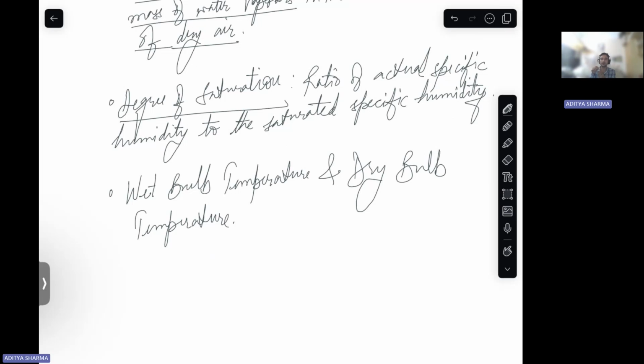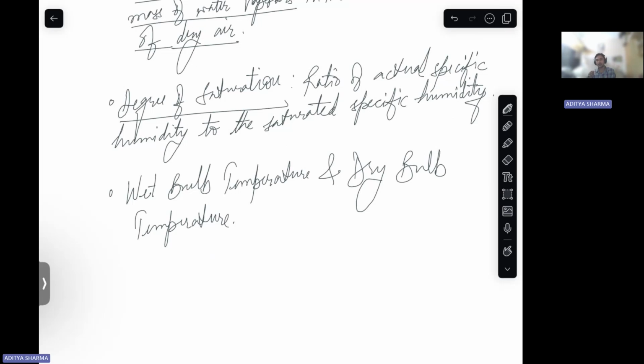So if we make our bulb wet, in that case the outside temperature will make the water on the wet bulb evaporate, and this evaporation will cause cooling.